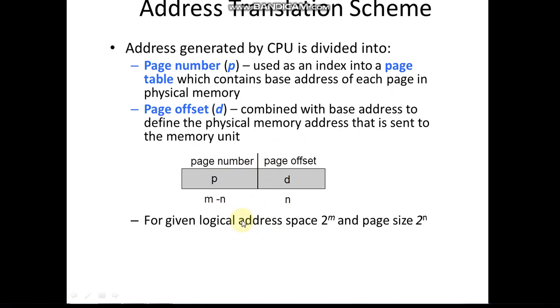So for a given logical address space of 2 raised to m and page size of 2 raised to n, we can break it into m minus n bits for the page number and n bits for the page offset.